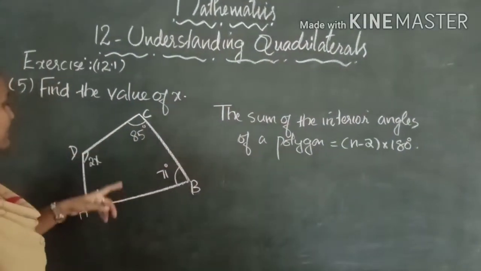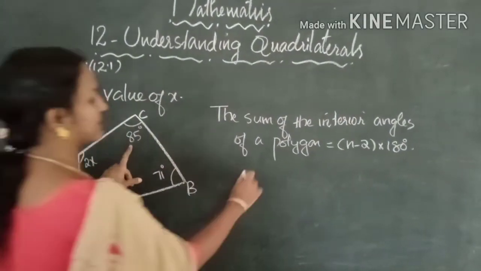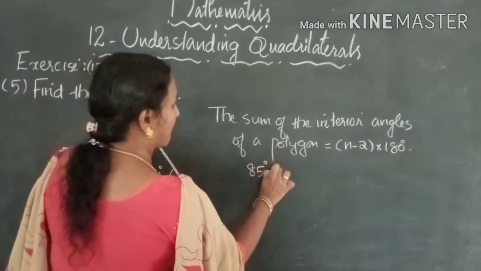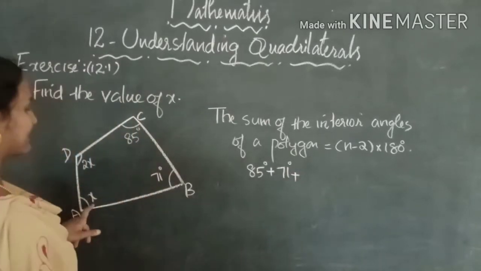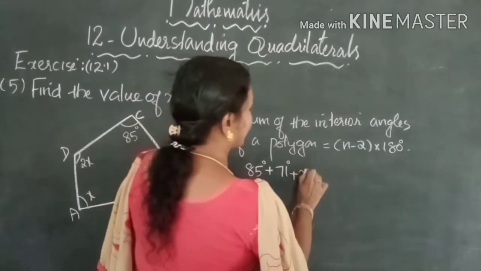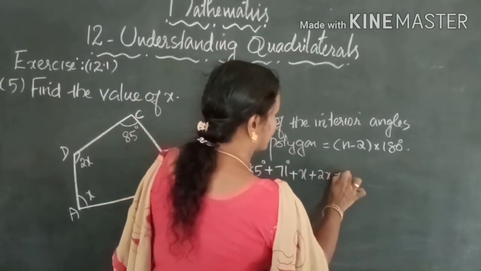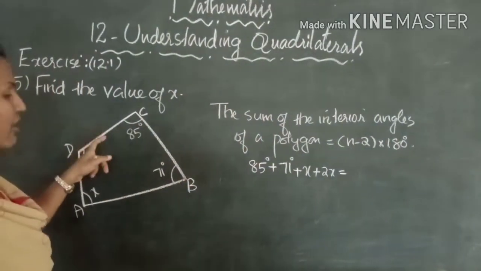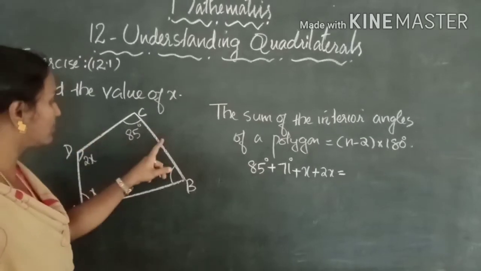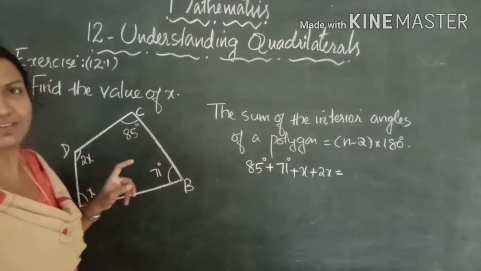Adding all the angles, 85 degree plus 71 degree plus x plus 2x is equal to n minus 2 into 180. Here n means number of sides. How many sides are there? 1, 2, 3, 4. Here n is 4.